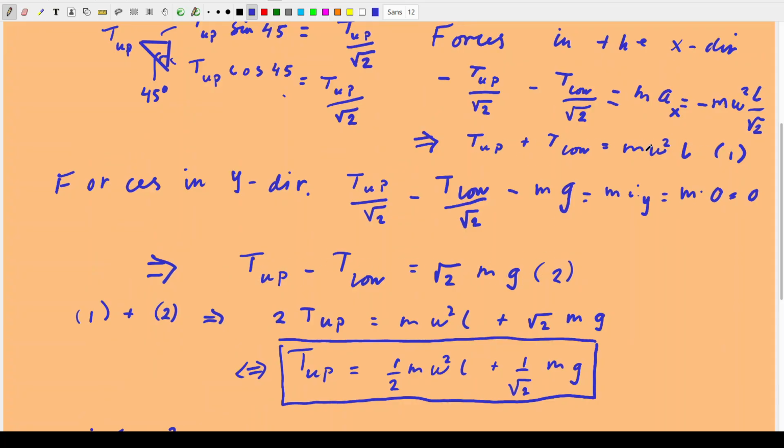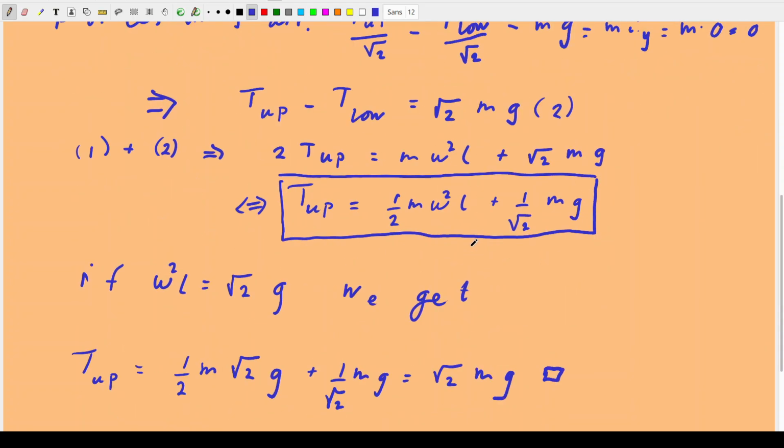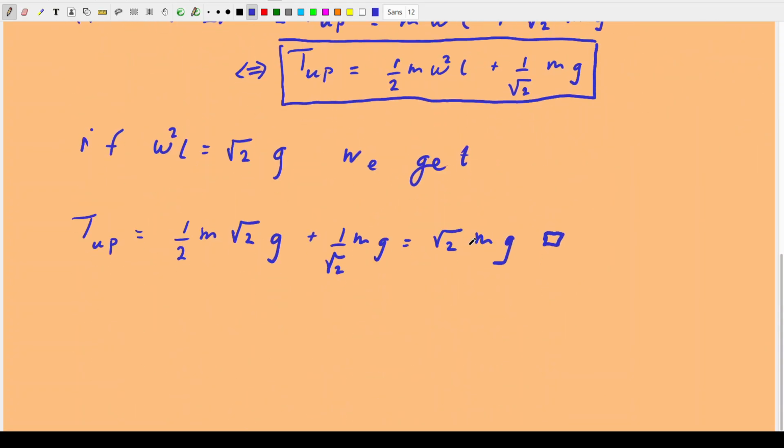If you take this equation and subtract it from this equation, you will get 2 T low equal m omega square L square root 2 mg.